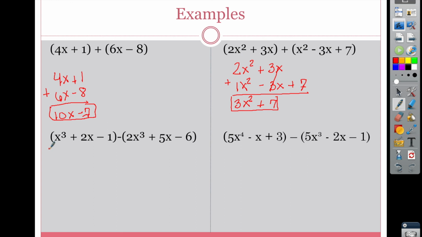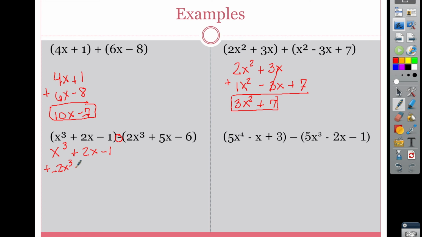We have x to the third plus 2x minus 3. Remember to align your like terms. Then we have minus 2x to the third plus 5x minus 6. So we need to distribute our negative sign.